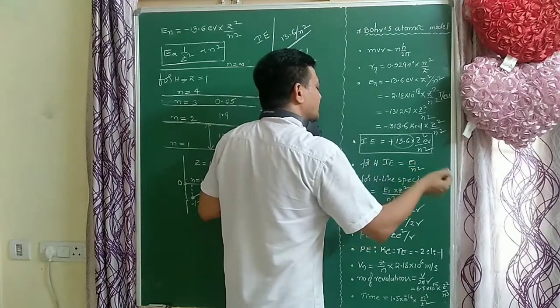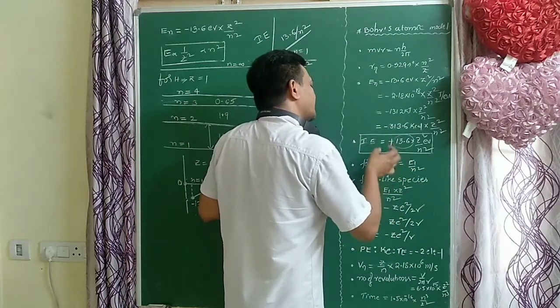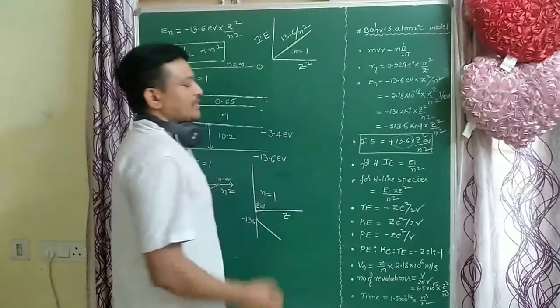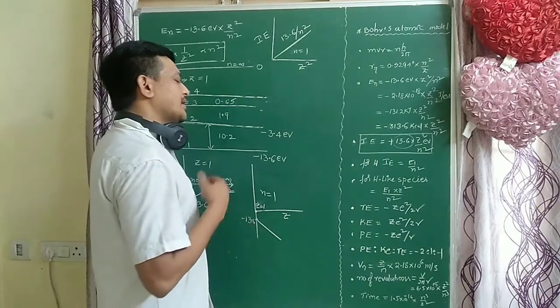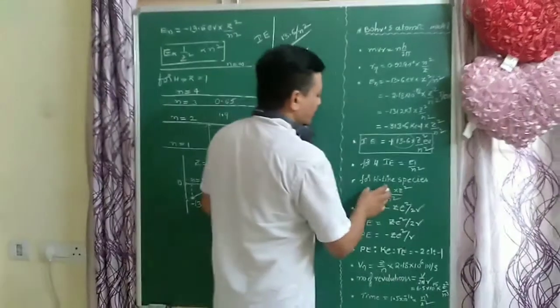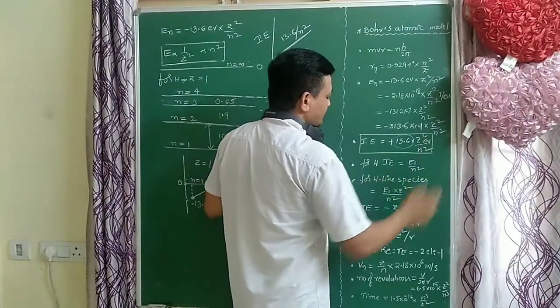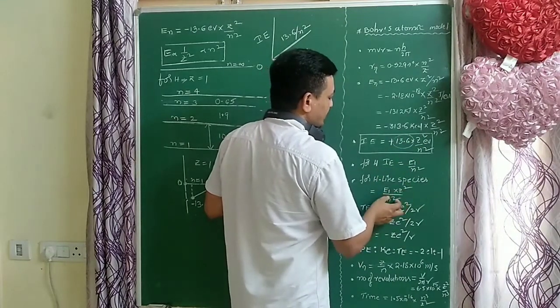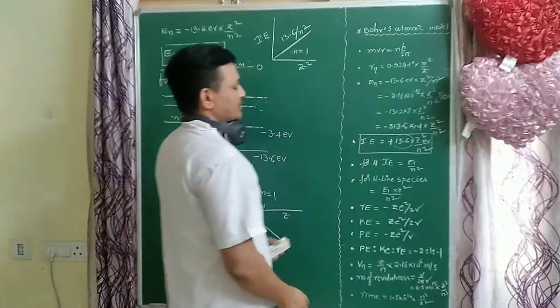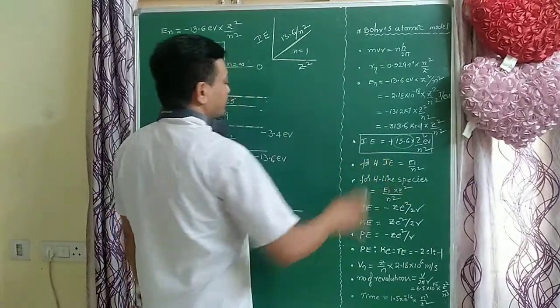So as the n value increases, ionization energy of hydrogen atom or any atom decreases. For other atoms, likewise, it is 13.6 into Z square by n square. These are very important formulas.